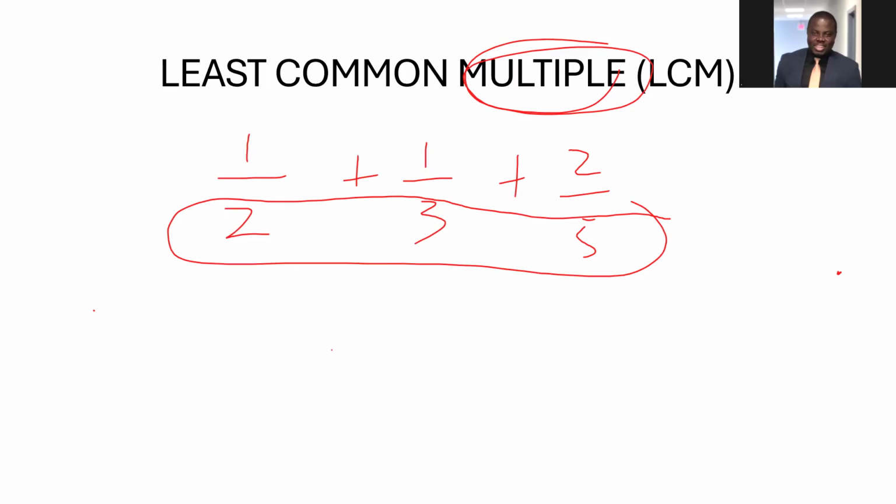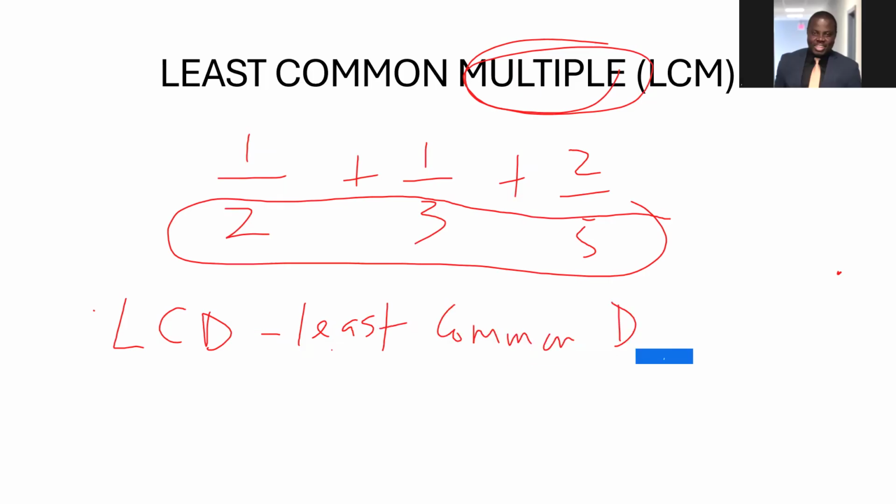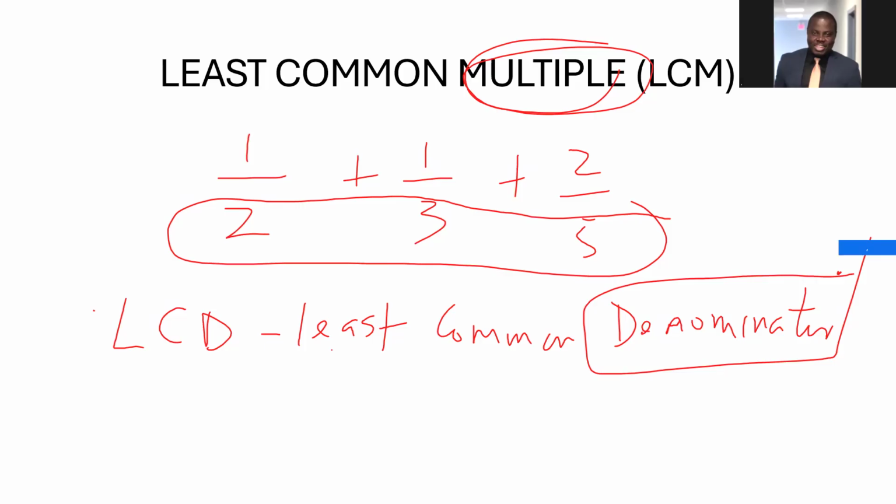Sometimes this is called the LCD, the least common denominator. It's got this name because these three numbers are denominators, but it's just finding the least common multiple. So it's the same thing, only that when you're dealing with a fraction, these are all denominators. And we just found that number to be 30. The least common denominator or the least common multiple is 30.